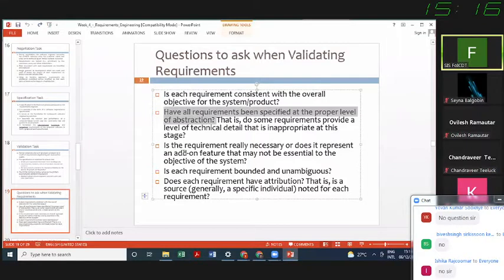So at times you're going to have things in much more detail, with all the requirements correctly defined. This is what we will need to really understand. So this would be the sixth step, which is that of validation. The question I ask myself: are requirements bounded and unambiguous?